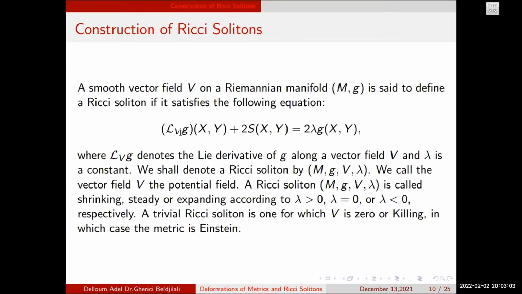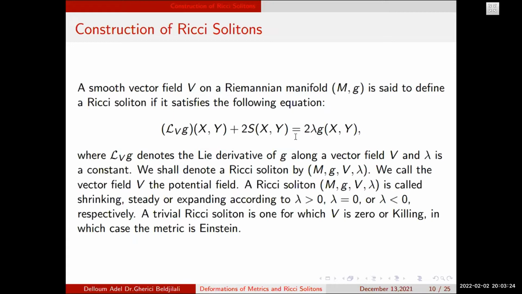It means that V is scaling. If V is scaling, then the structure is Einstein. Now here, we need to determine the vector field V and the constant lambda. So the idea behind this is to choose a vector V and determine the constant lambda.